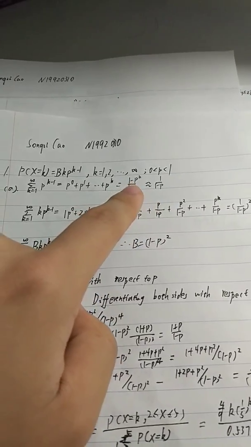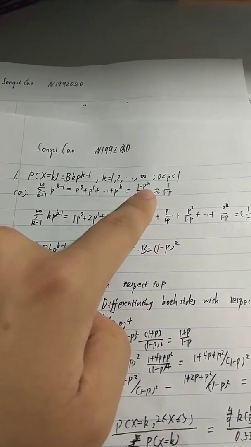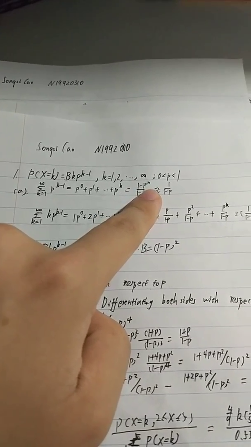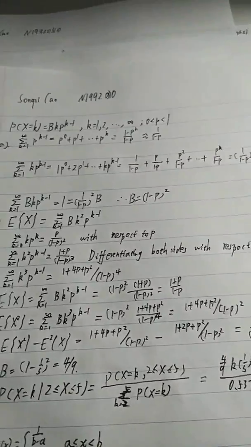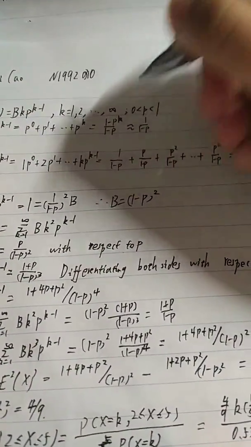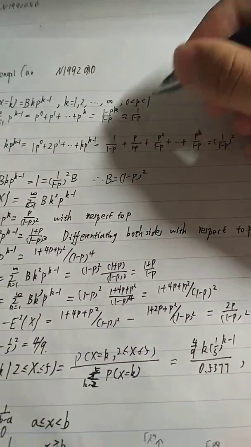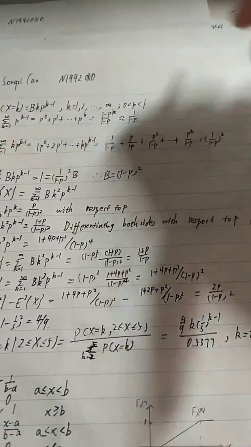Because k is nearly unlimited, p^2k is nearly 0. So it's nearly 1 over 1 minus p^2.